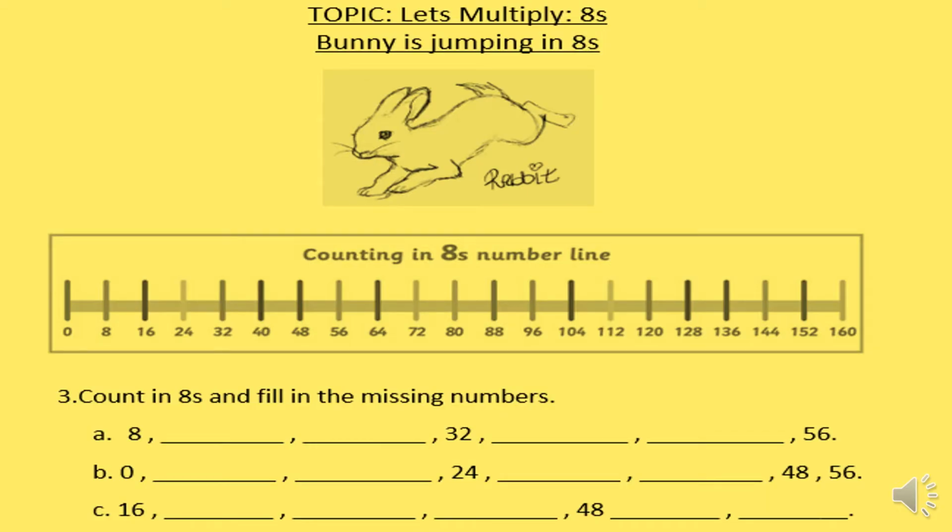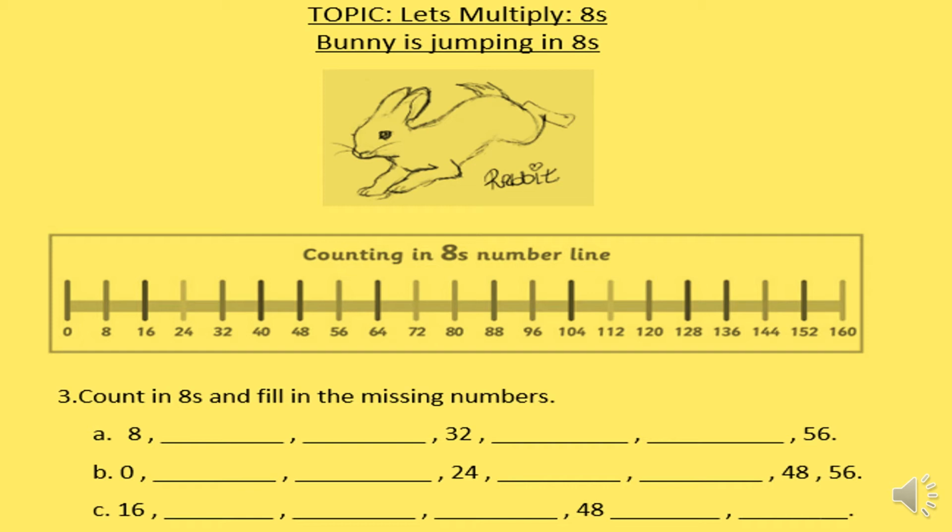Next is, let's multiply 8s. Bunny is jumping in 8s, counting in 8s, or it's an 8 times table, or table of 8. Count in 8s and fill in the missing numbers. You can take help from this number line.